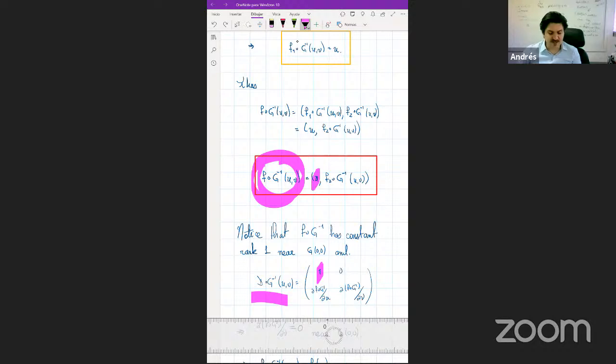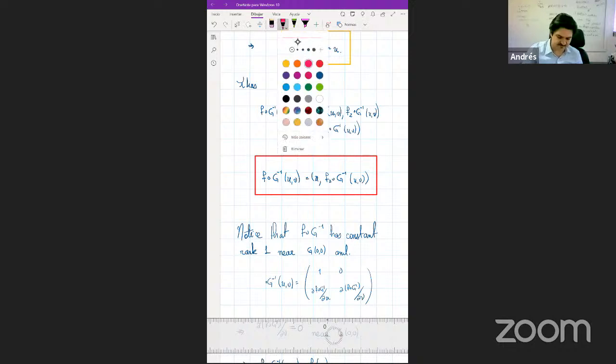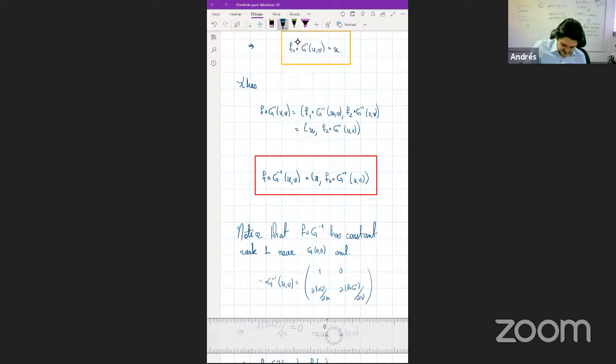I'm not computing the Jacobian of G inverse, but of F composed with G inverse. So sorry about that. This is F.